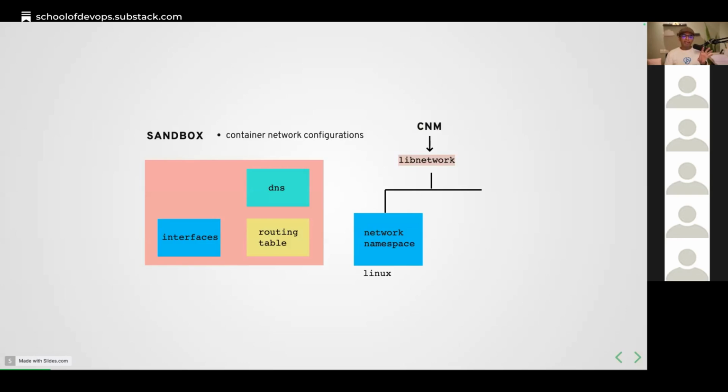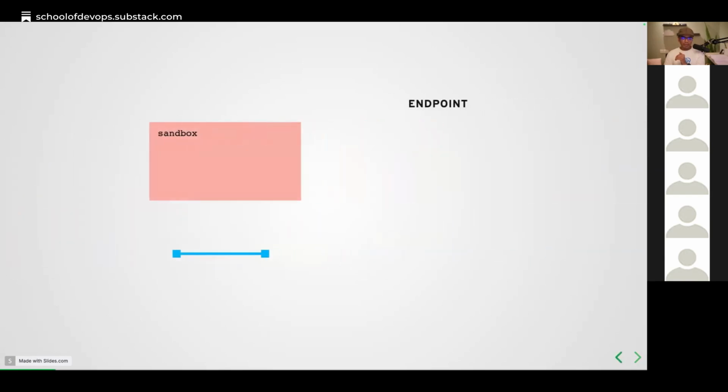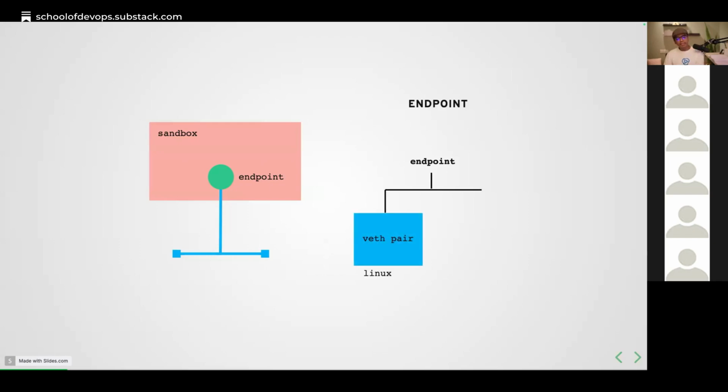In the case of Linux, it is through network namespaces. In the case of Windows, which is a different operating system, there is a parallel technology called network partitions. There is a sandbox, then there is an endpoint. The endpoint is the network endpoint, in this case eth0 inside the container, and on the host side it is veth.